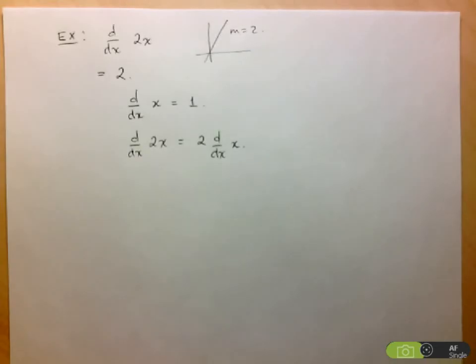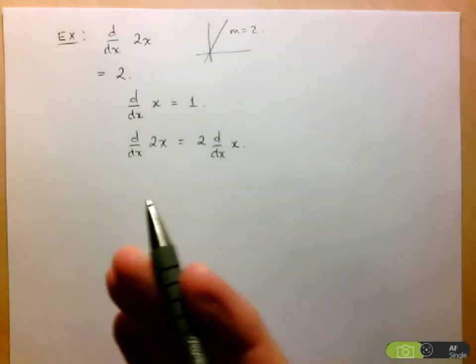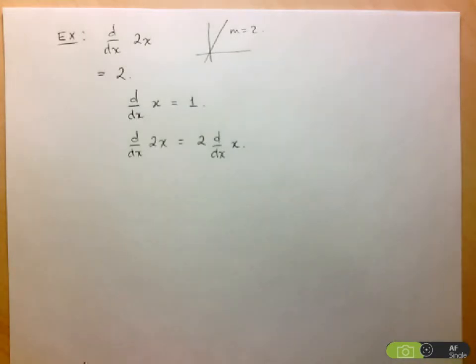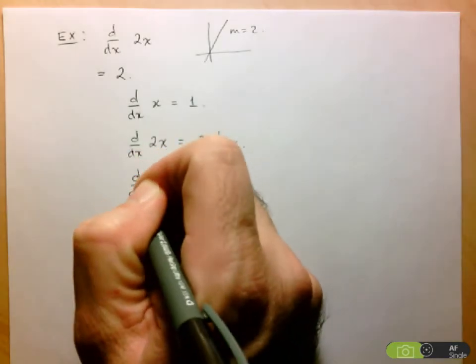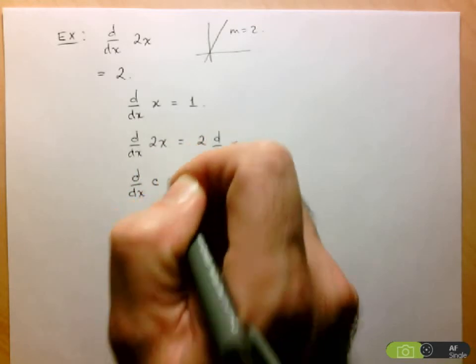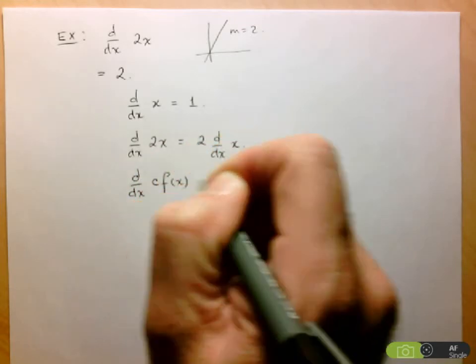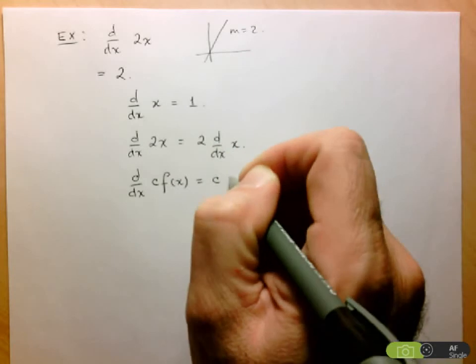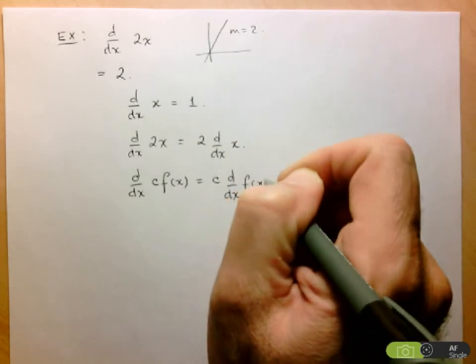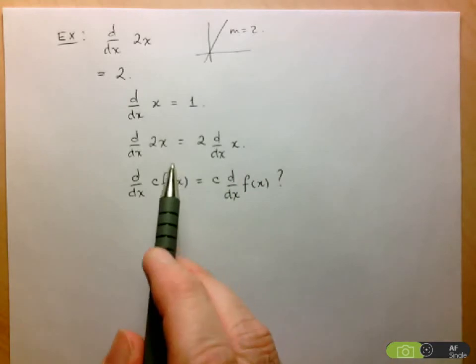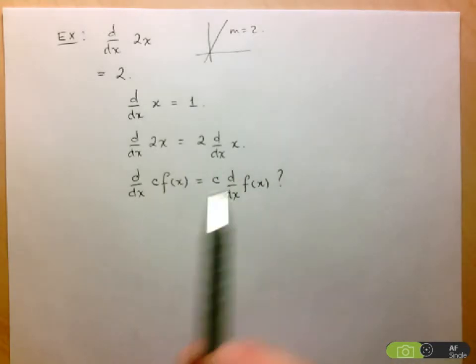So we can conjecture that this might lead to a bigger property. Can we say in general that the derivative of a constant times a function is equal to just that constant times the derivative of the function? This example seems to indicate that this might be possible.